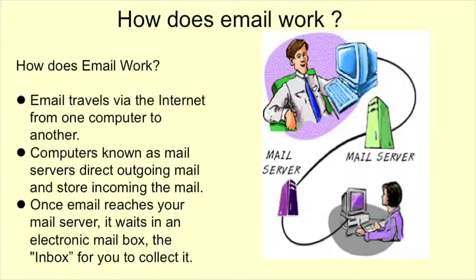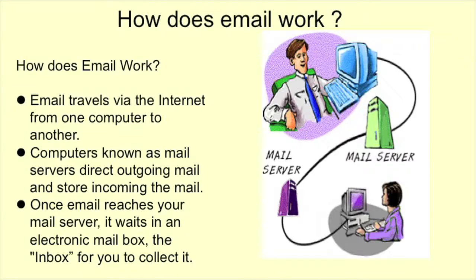How does an email work? Have a look within 30 seconds. I'll be quiet, then have a look at how that email is working. There are two people. The mail comes to the mail server, then to the other user. Can you see how the email is working?